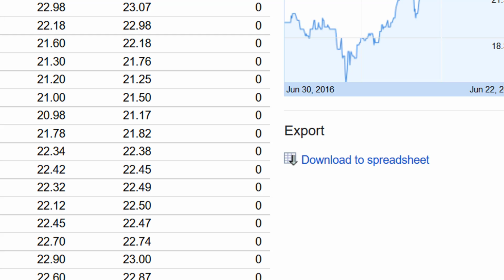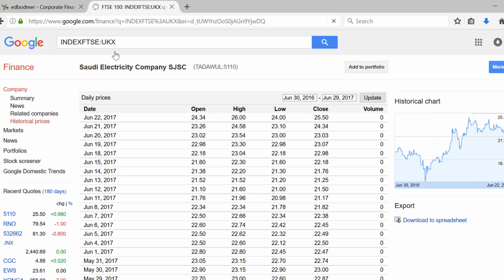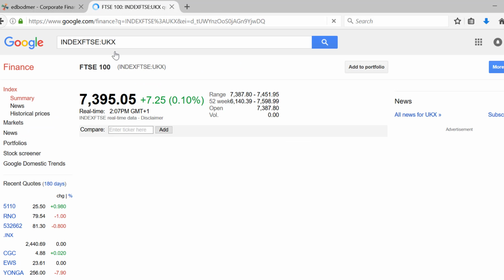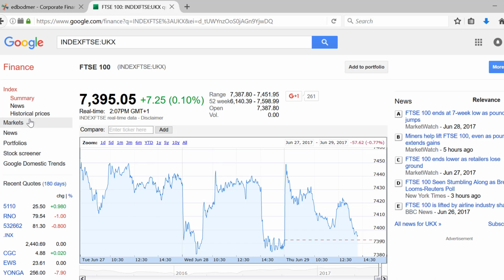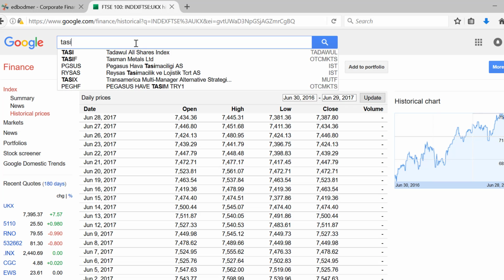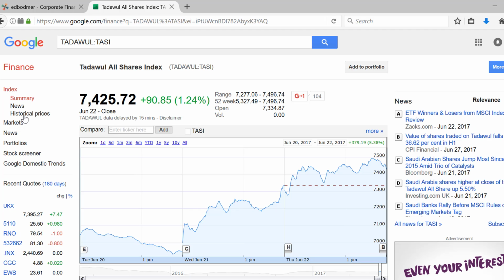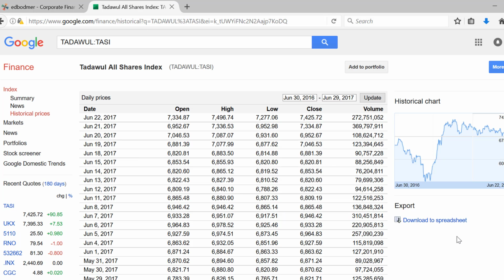And then let's look at the FTSE. Let's go to the historical prices. They should say historic, really. They don't have it. Let's look at the TASI. This is in Saudi. And look at those historic prices, and they have it.